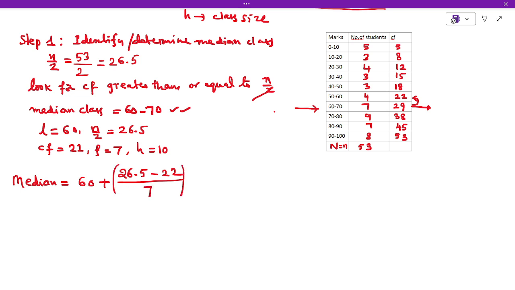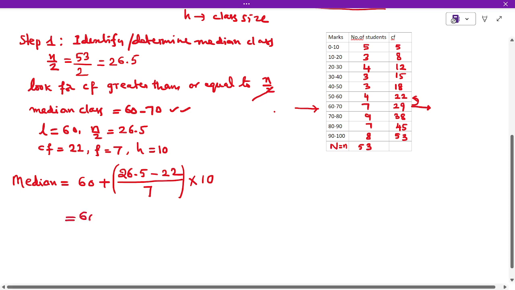This total value is multiplied by the class size, that is 10. Let us simplify. 60 plus 26.5 minus 22, that is 4.5, divided by 7 and multiplied by 10. So then we simplify further. 60 plus 4.5 into 10, that is 45 by 7.